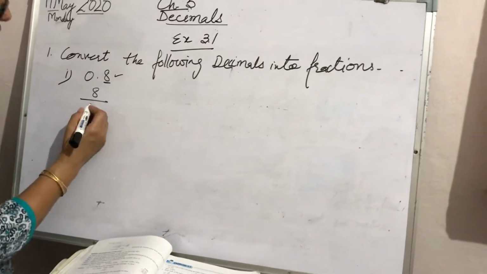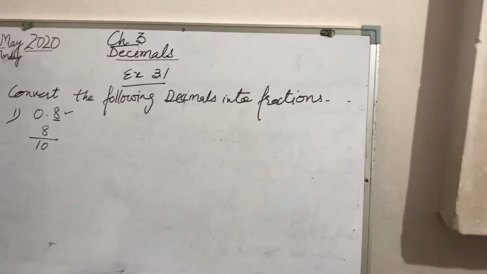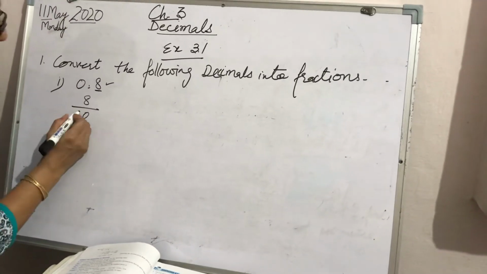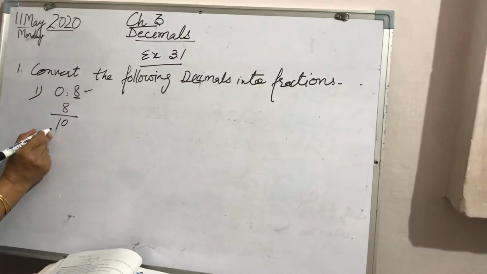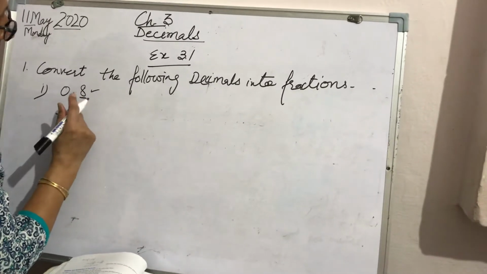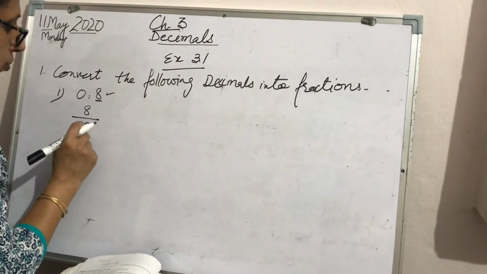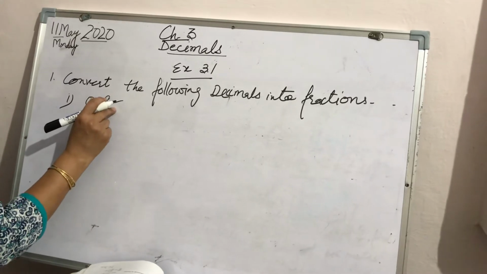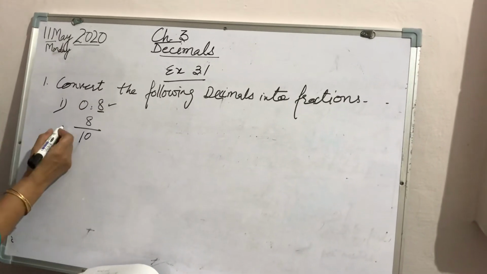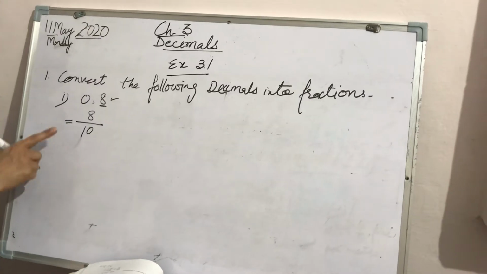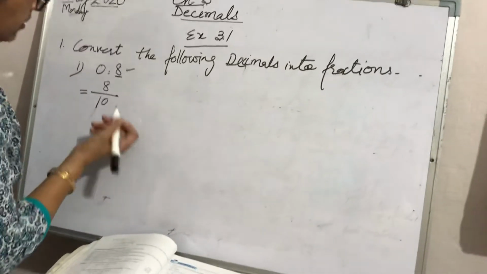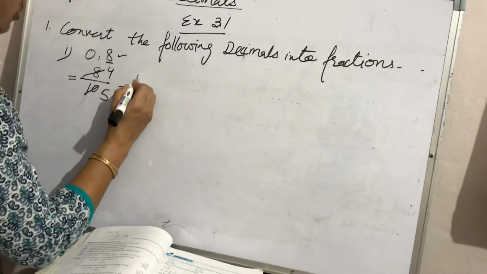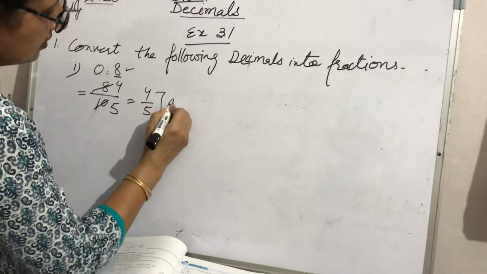Only 1, so there should be only one 0. If 2 digits are there, then we'll use 2 zeros. Now this is a fraction. Now we have to convert it into lowest terms. Lowest terms means reduce them. 4 twos are 8 and 5 twos are 10. So 4 by 5. This is the answer.